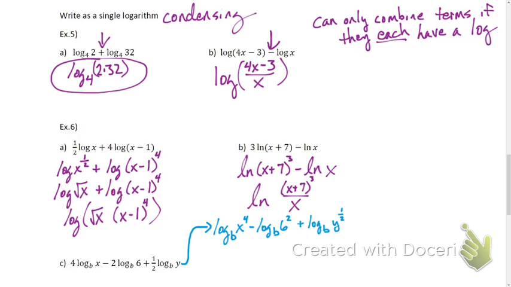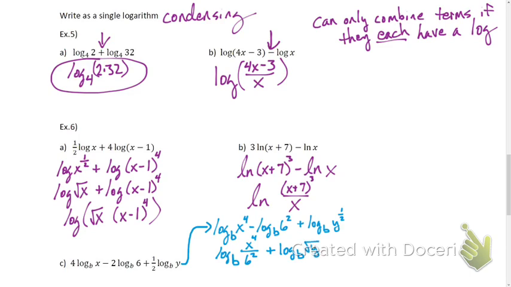So let's do the minus first. So the minus implies divide, and I'm going to ignore the plus log b y half. So first step, I get log b x to the 4th over 6 squared. And then that plus log b y is still there. So log b, and I'm going to go ahead and change that half to a square root of y.